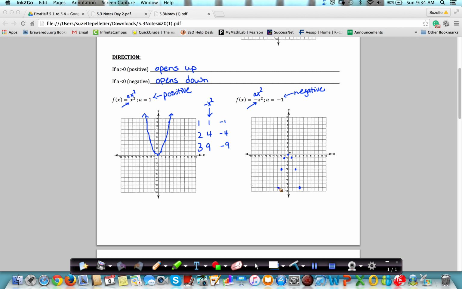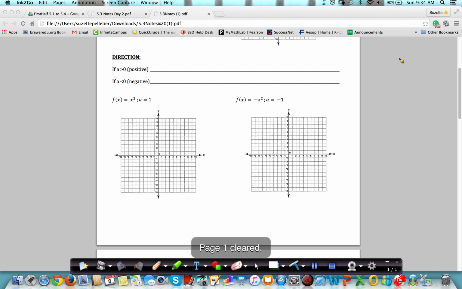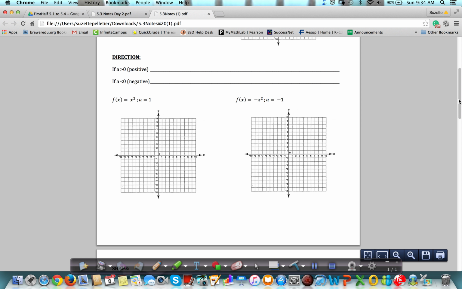So we're still going to mirror it over, but this time it's just going to go downward. So it's going to look like that. Same shape, just down. All right. On to the next page where we're going to talk about the shape of the figures.